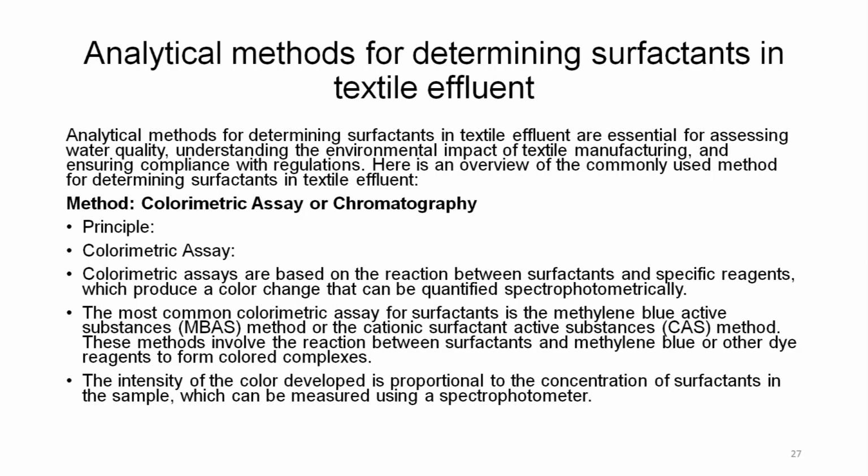So, the principle is that colorimetric assays are based on the reaction between the surfactant and specific reagents which produce a color change that can be quantified spectrophotometrically. The most common colorimetric assay for surfactant is methylene blue active substance, that is MBAS method, or the cationic surfactant active substances CAS method.